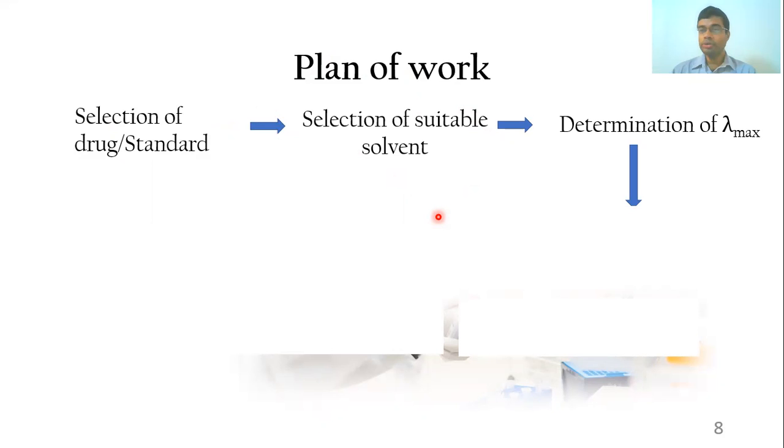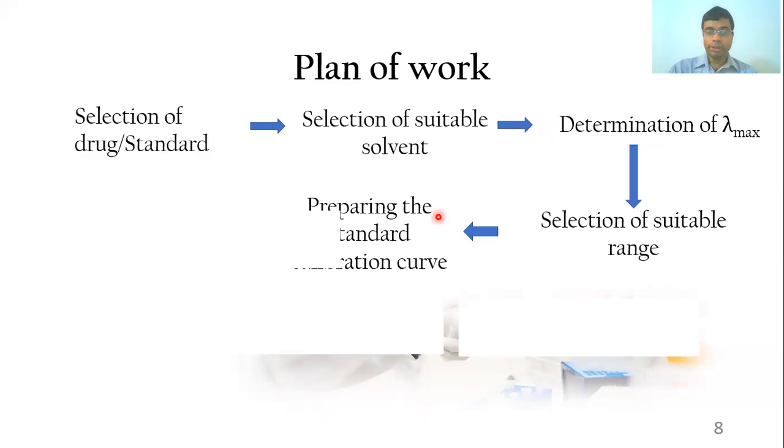Since we are going with the simplest method, which we call UV visible spectrophotometry, which is very commonly available in most analytical chemistry laboratories, we need to then determine the absorbance wavelength, or we simply call it the lambda max, where the absorbance is highest in that particular range. And then we need to identify the correct wavelength range.